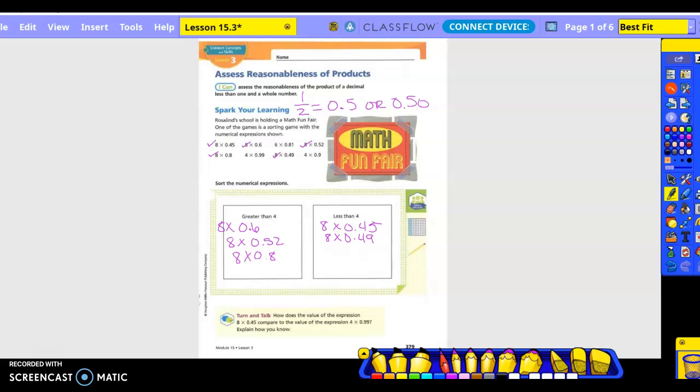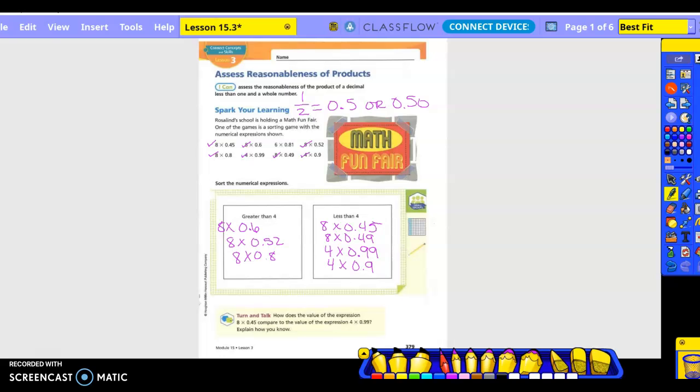So 4 times 99 hundredths is less than. Okay, so we used it. All right. Then 4 times 9/10 is less than, right? Because the 9/10 is not up to 1.